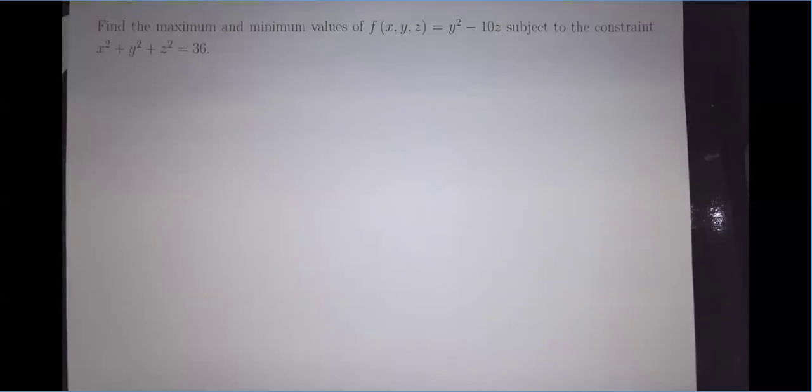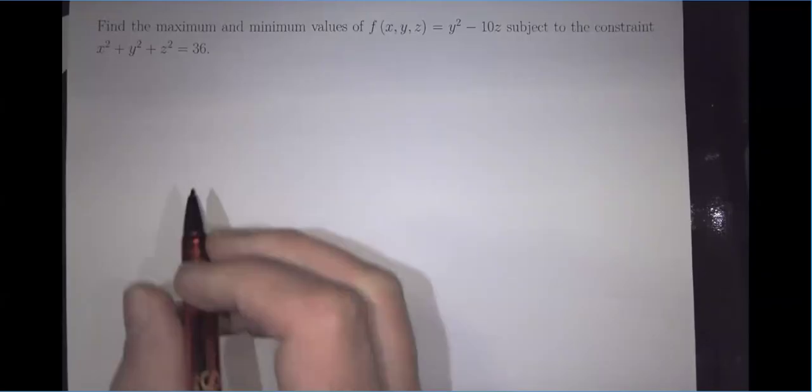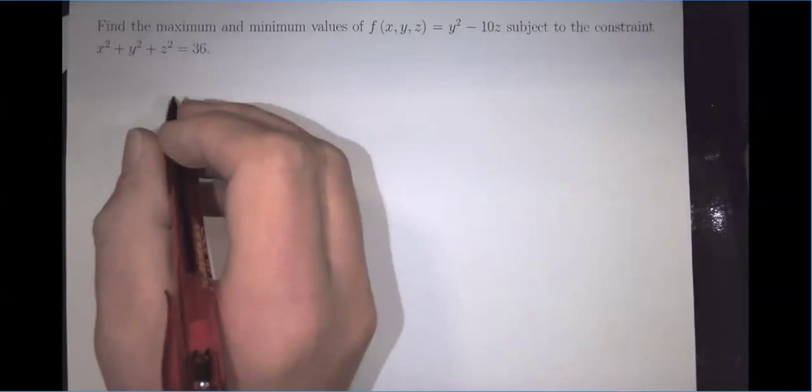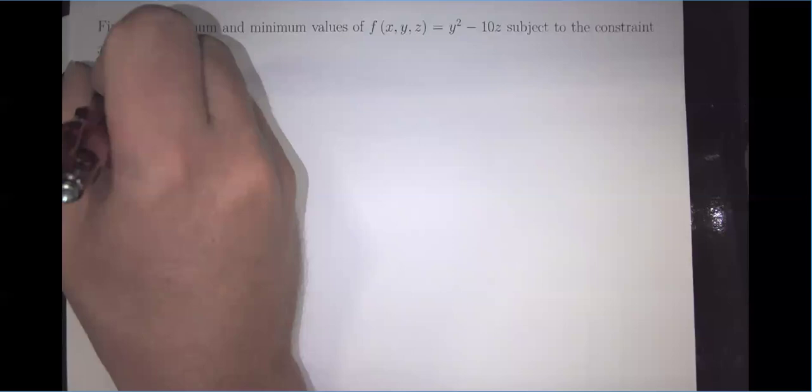In this example, we want to find the maximum and minimum values of f(x, y, z) = y² − 10z, subject to the constraint x² + y² + z² = 36. All right. And so here, again, we've got x, y, and z have to all be greater than or equal to 0.